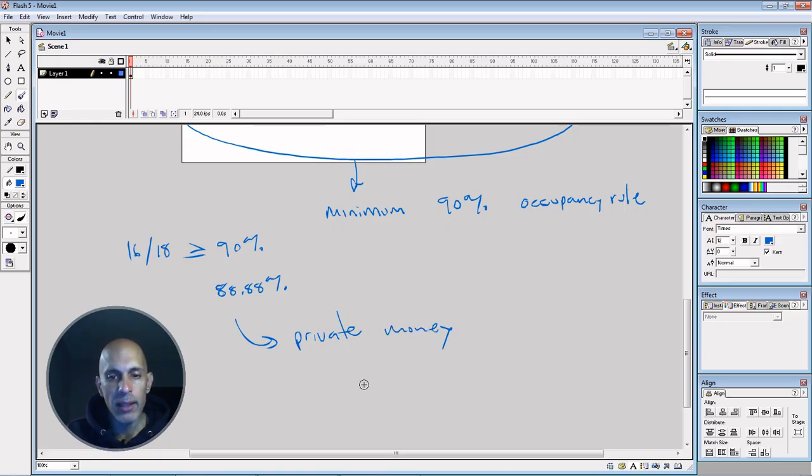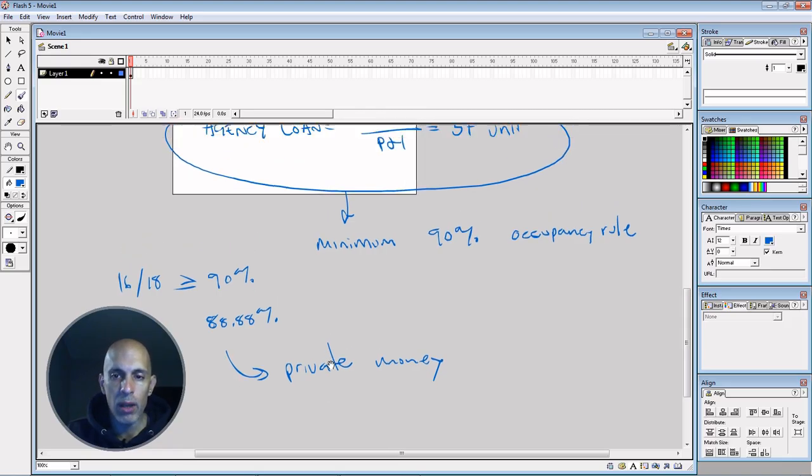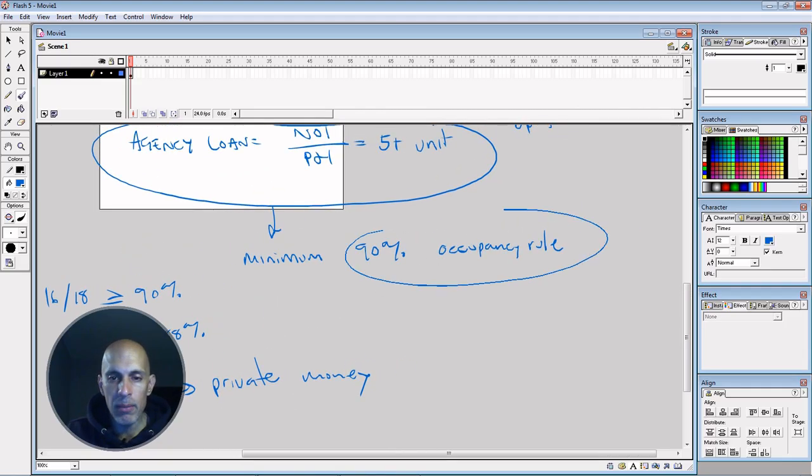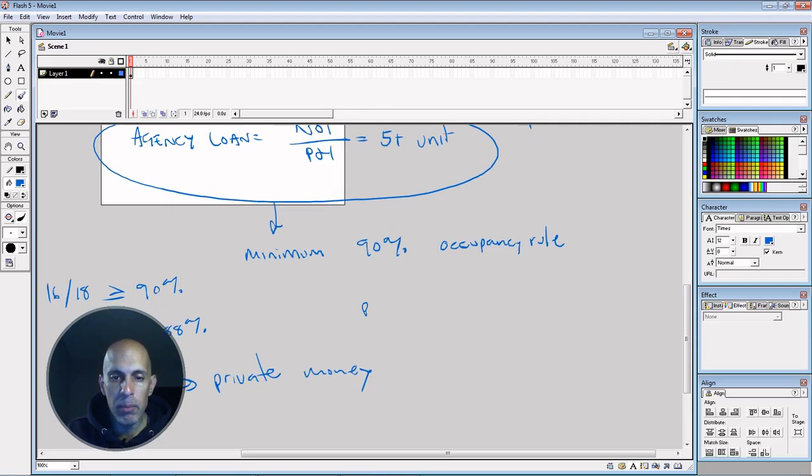The underwriting standards are going to be exactly the same. Well, that's not true. For one of our products, we have a minimum 90% occupancy rule, but at application, minimum 85% occupancy.